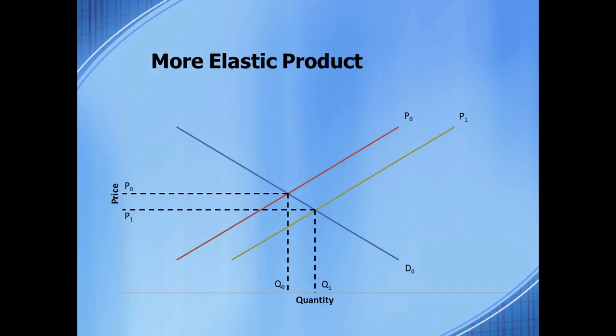So if we look at a product being elastic, and we've got here on our diagram, we've already discussed the slope of the demand curve and the differences between the more elastic products. And we've said that more elastic products have a higher change in the quantity demanded as a result of the price.